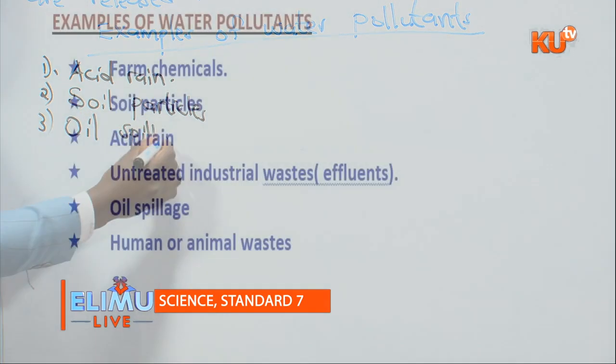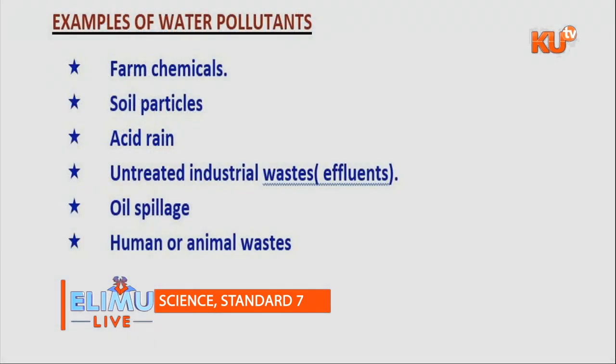When oil spills in water, I will explain how it pollutes this water. Number 4, we have got another water pollutant, and we call it human or animal activities.